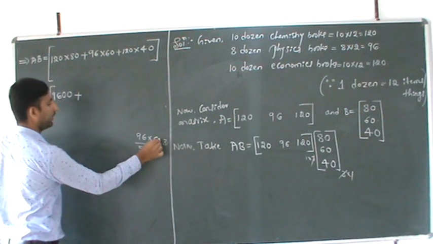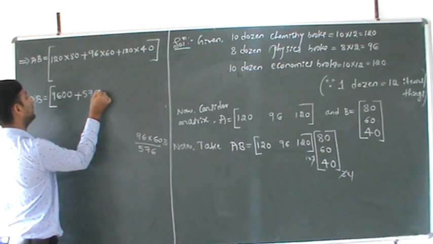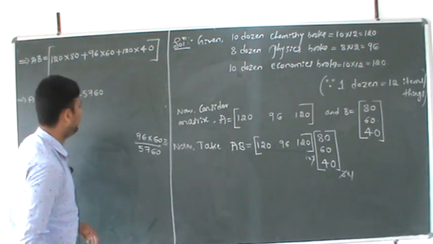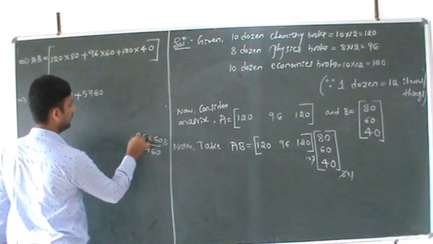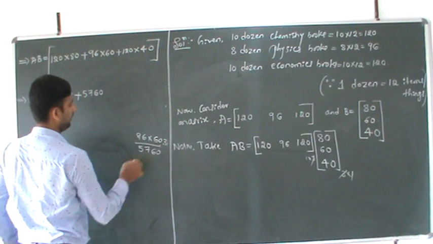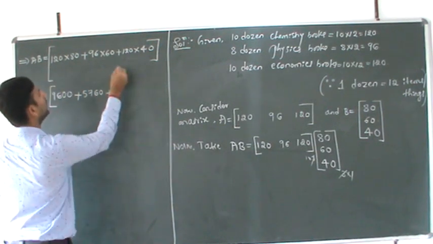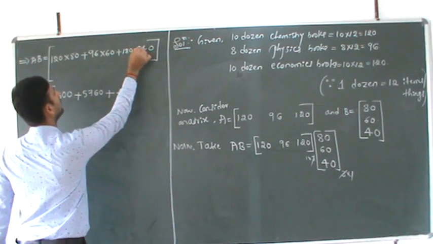Correct? There will be a zero, therefore 5760. After that, 12 into 4, 48, double zero.